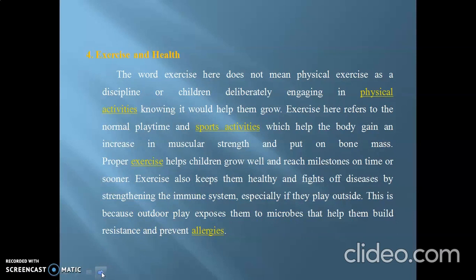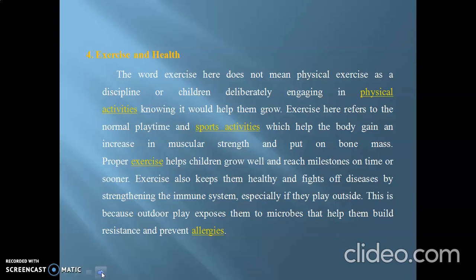Proper exercise helps children grow well and reach milestones on time or sooner. Exercise also keeps them healthy and fights off disease by strengthening the immune system, especially if they play outside.